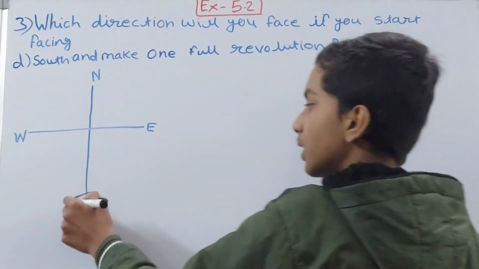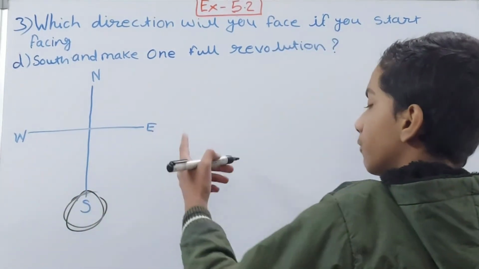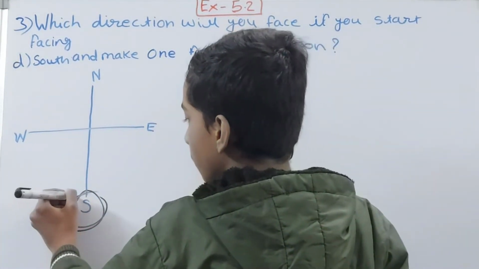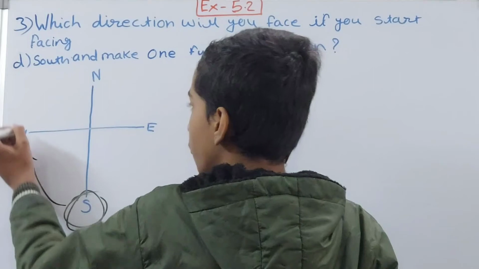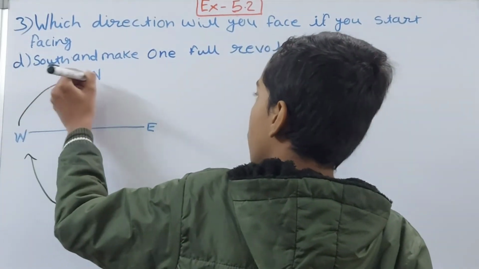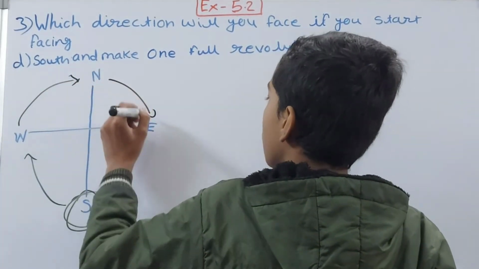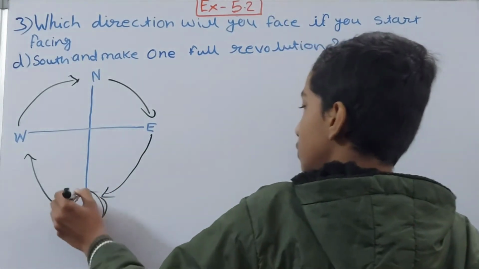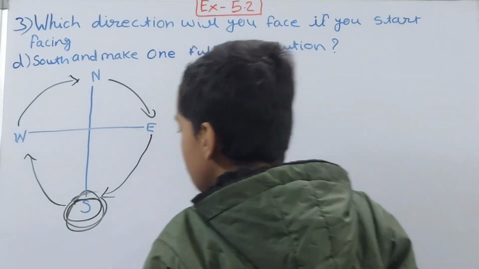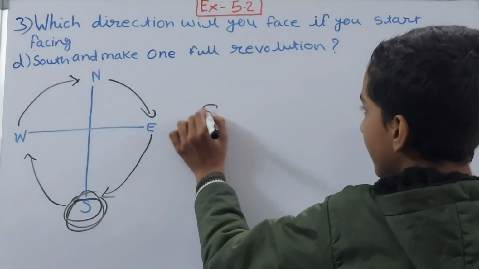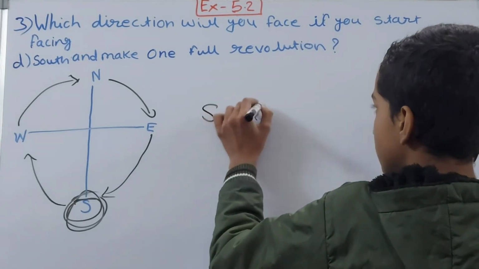So from south, one complete or one full revolution will be from south to west, from west to north, from north to east, from east to south. So you are again coming back at south, right? So you will be at south. Your answer is south only.